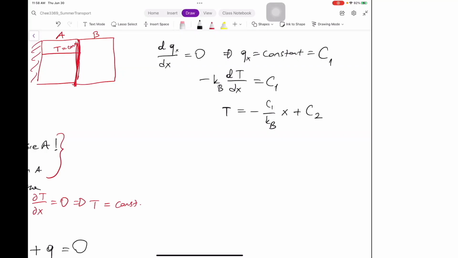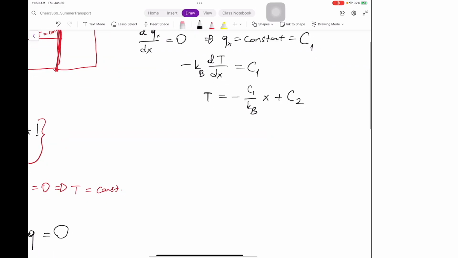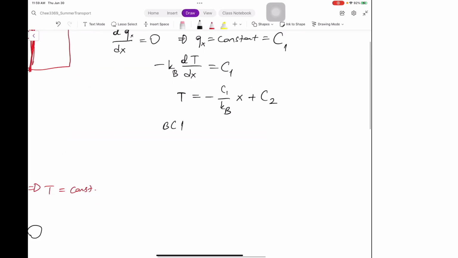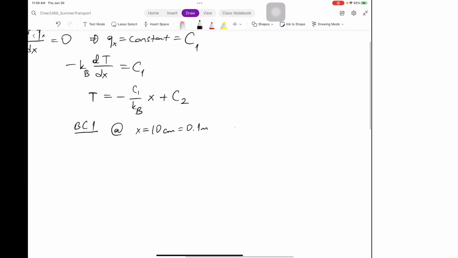And then you know a couple of things, right? So one thing is boundary condition 1 at x is equal to 10 centimeters, or in other words 0.1 meter. You know that the Q is equal to the entire Q generated from the heater divided by the area, right? It's the 500 watts per meter squared.